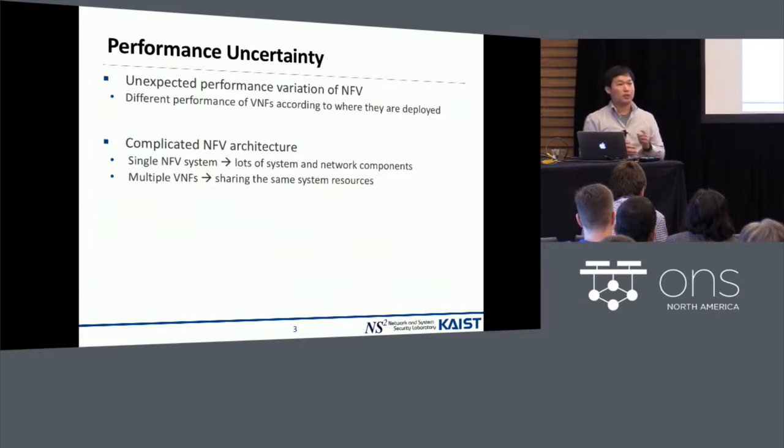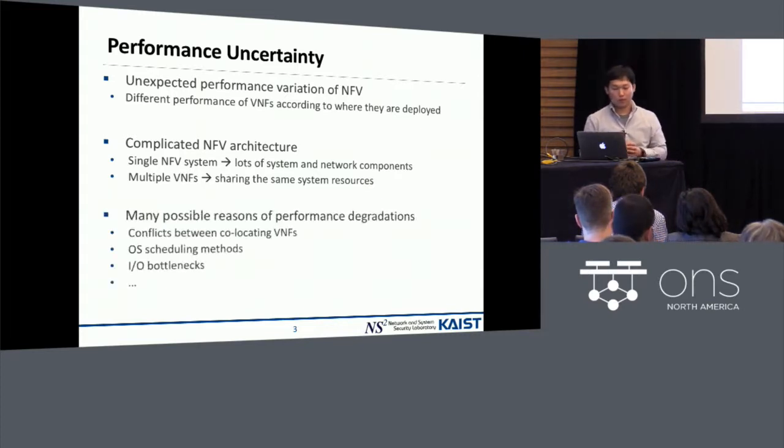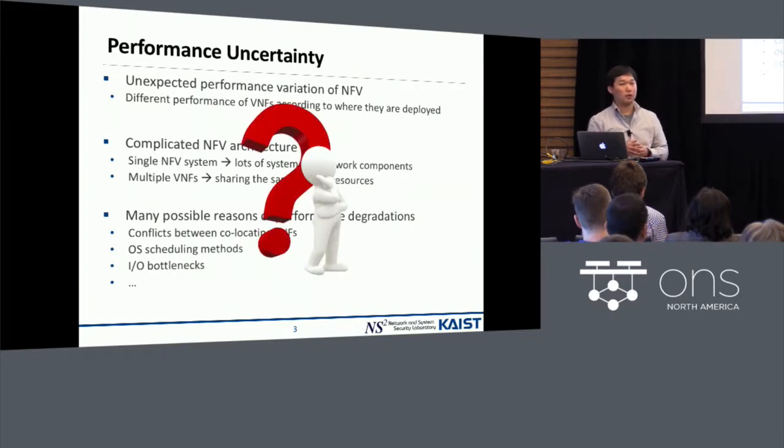However, NFV is actually composed of various system and network components, such as hypervisors and software switches. So when we face some performance issues, it is really hard to understand what makes the issues and why they occur, although we may have some guesses based on our experiences.